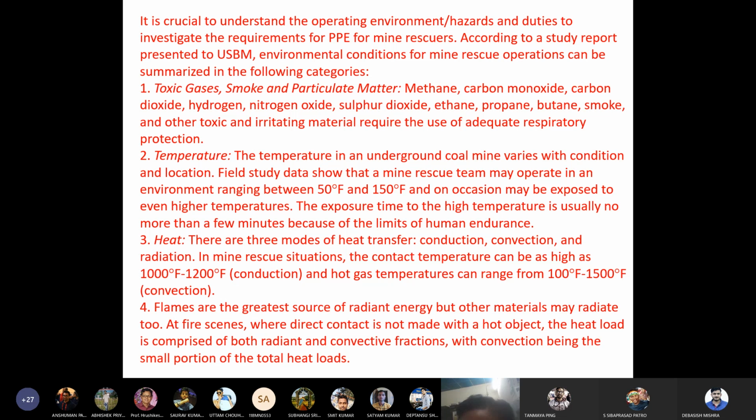Temperature also goes on increasing and heat stress will be there inside the mine, and flames. If there is a fire, you will get a flame. So these are the different environmental conditions you have to come across while doing the rescue operation.